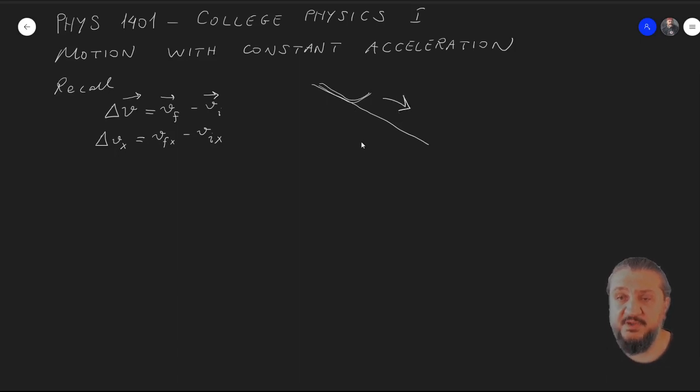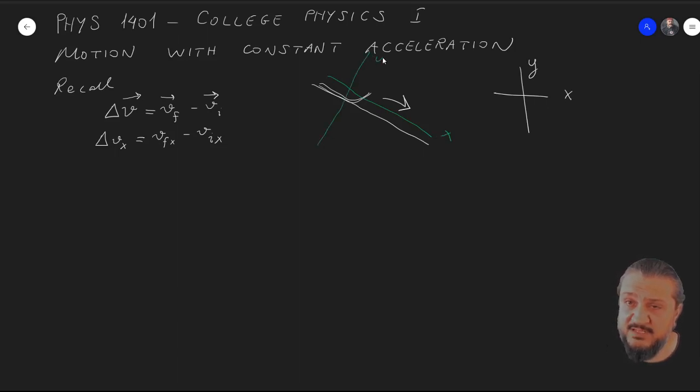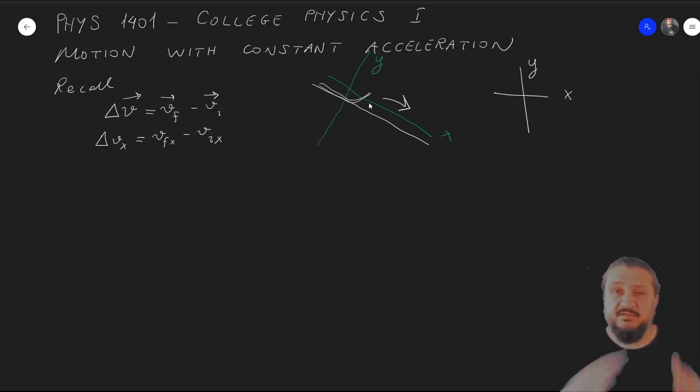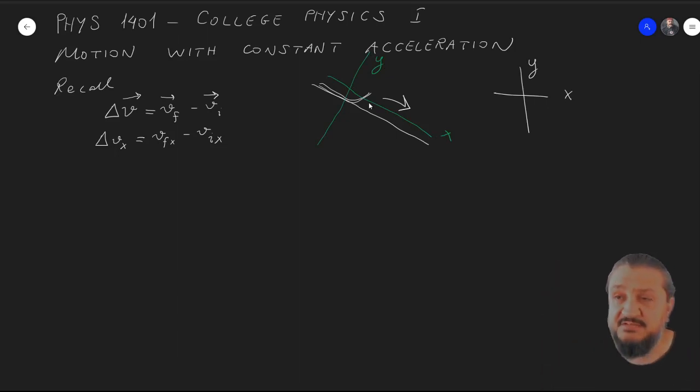It's just sliding this way. Now we are used to defining x and y like this, but you don't have to. You can rotate it, right? You can rotate your frame so that this can become your x, and you may not even need y anymore because nothing is happening in the y direction. Okay, so that's still one-dimensional motion.